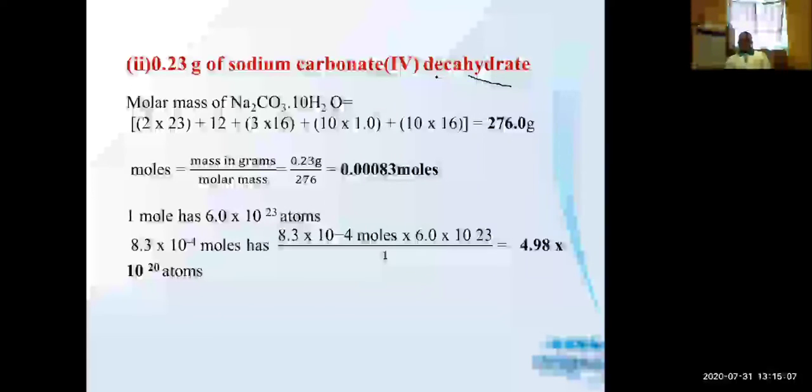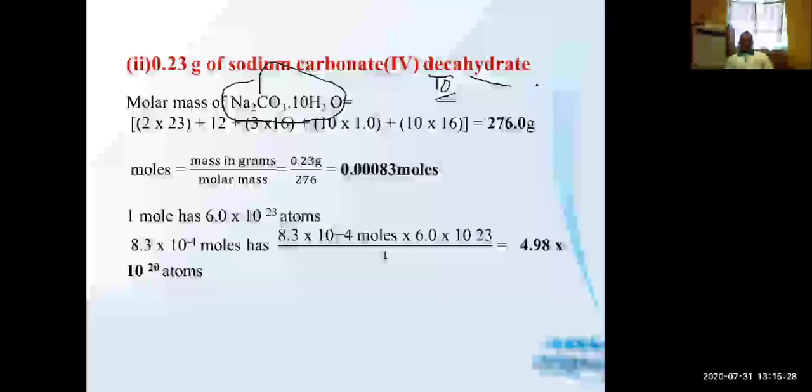Deca means 10. So it has 10 moles of water. This is the chemical formula for sodium carbonate decahydrate. Deca means 10.